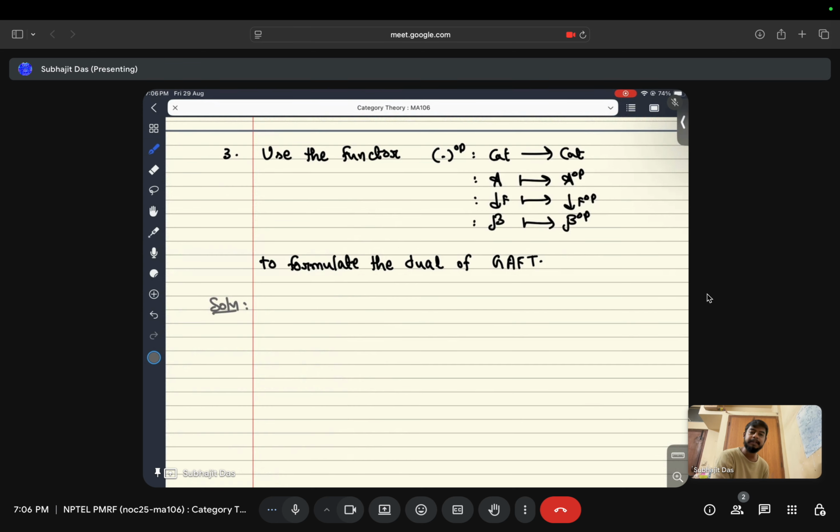So F op is a functor from A op to B op. You take this op functor and use it to formulate the dual of GAFT.